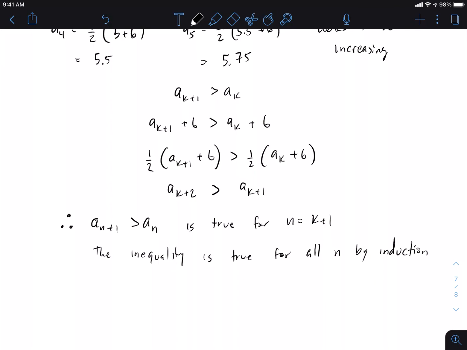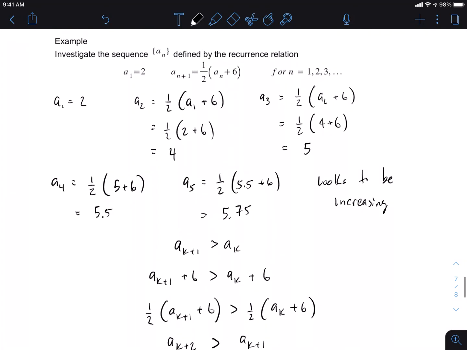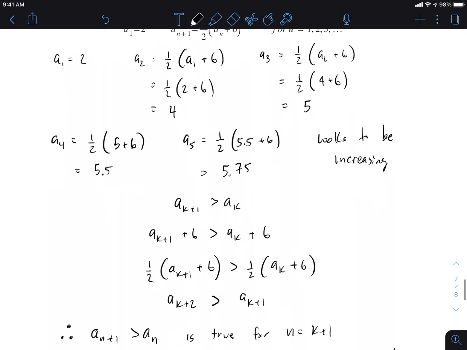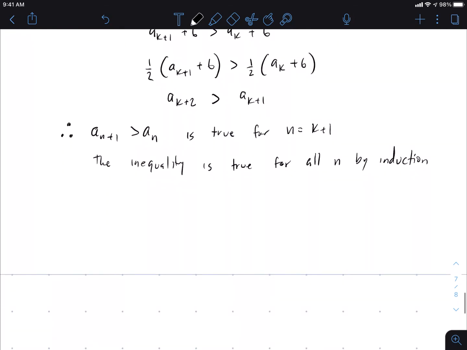So we can see it looks like this thing is going to be less than 6, right? For each term, it looks like each term is less than 6, right? Because we got to 5.7, the next term would have been 5.87, and every individual term would have tended to be something that was less than that 6.